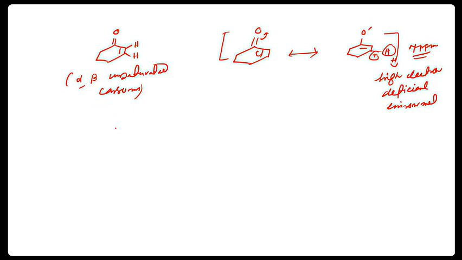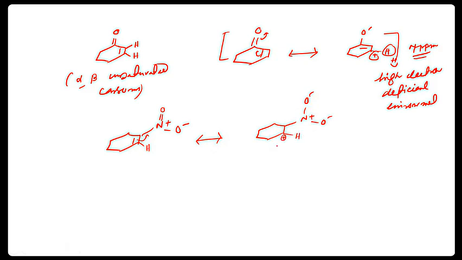And also, if this is true, then you can argue, okay sir, if I put one nitro group here, then what is going to happen? If a nitro group is here, then also this kind of delocalization will take place. Then we will have this kind of environment, plus, this is plus, so it is highly electron deficient.